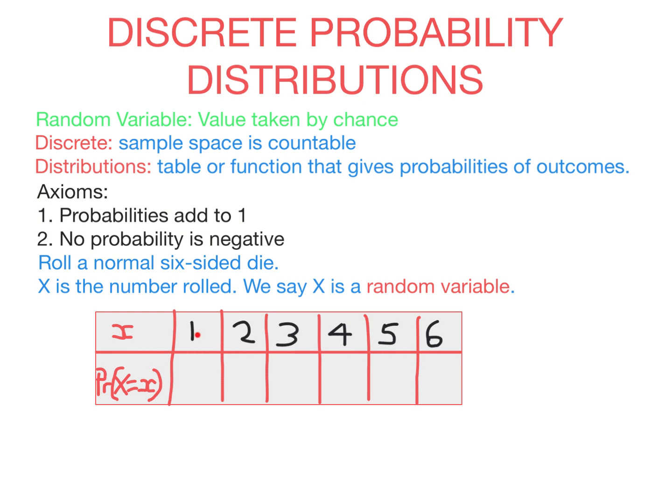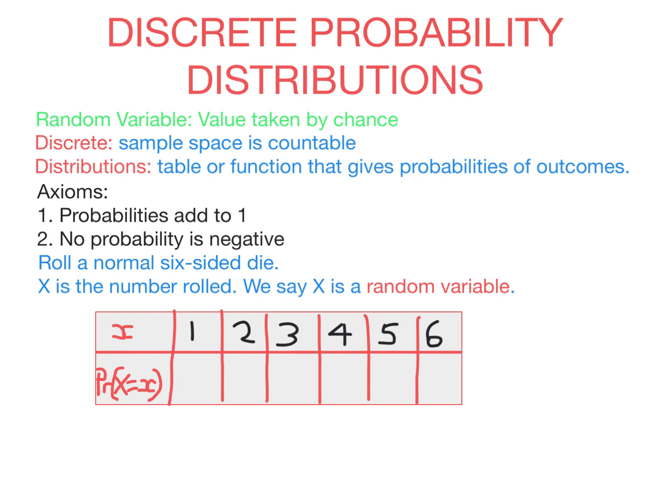It's discrete because you can see there's only a small number of values that it can take. If there are only finitely many values that X can take, then of course the sample space is countable. The sample space contains only 6 possibilities, 6 values that X can assume.